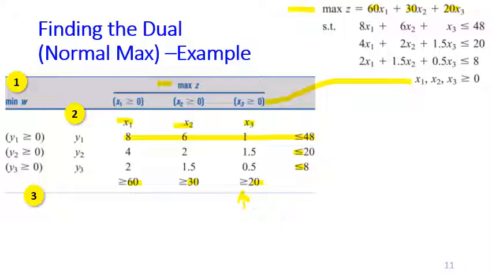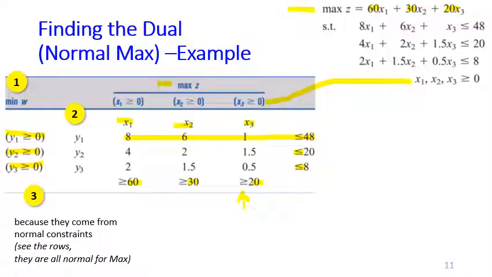So in the minimization case, the variables are normal if they have the sign restriction of greater than or equal to 0. Now for the dual constraints, the sign is determined by the sign restriction of the primal variable. Our primal variables are all normal variables.